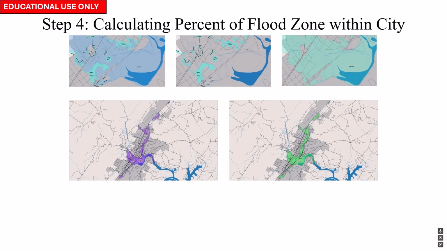I believe in my report I refer to it as the whole 0.2% annual flood chance zone. The large bottom left image is the calculated percentage of the 1% annual chance.